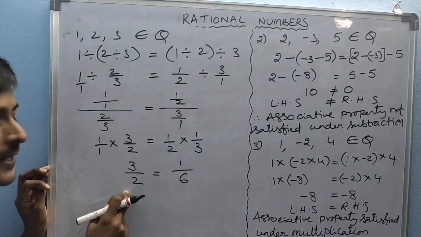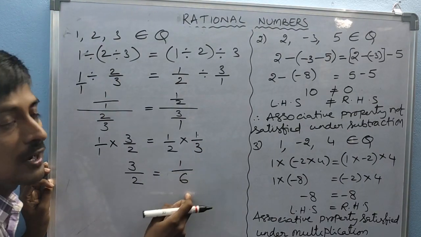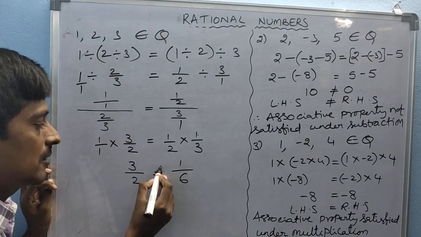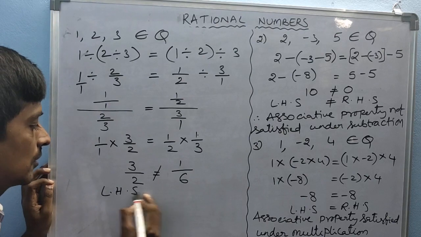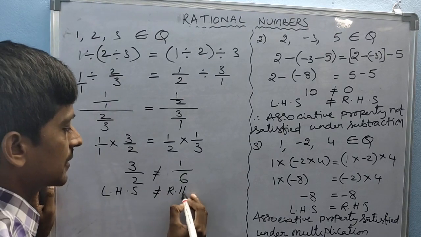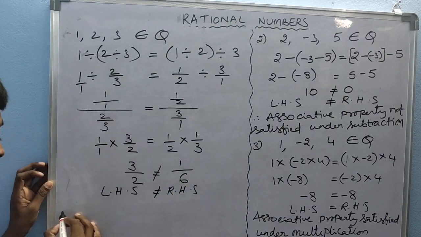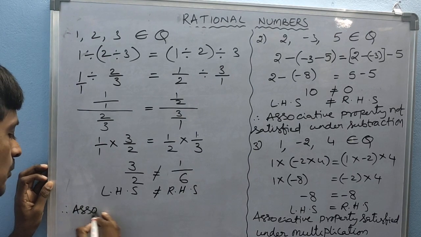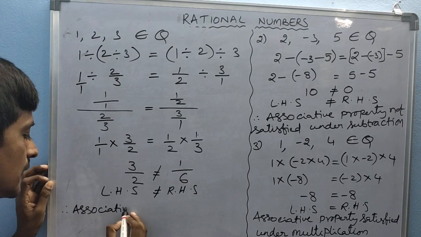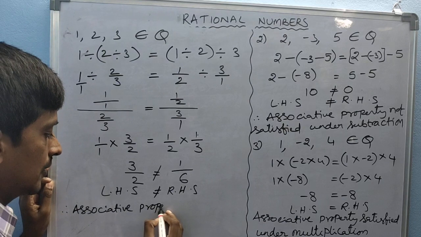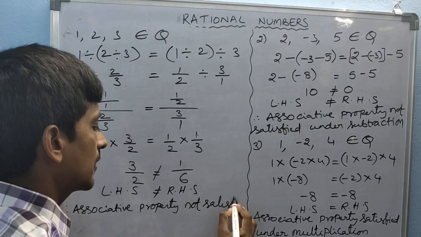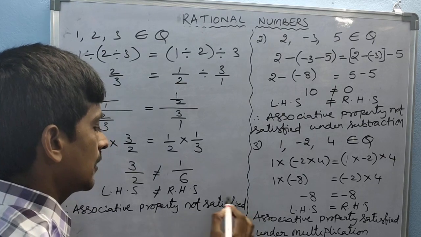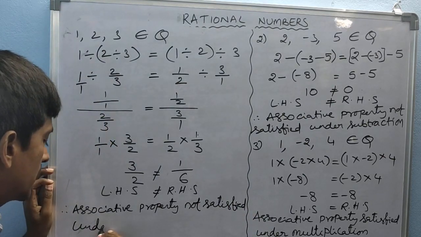So 3 by 2 equals 1 by 6, is it possible? No. So LHS is not equal to RHS. Therefore, associative property is not satisfied under division.